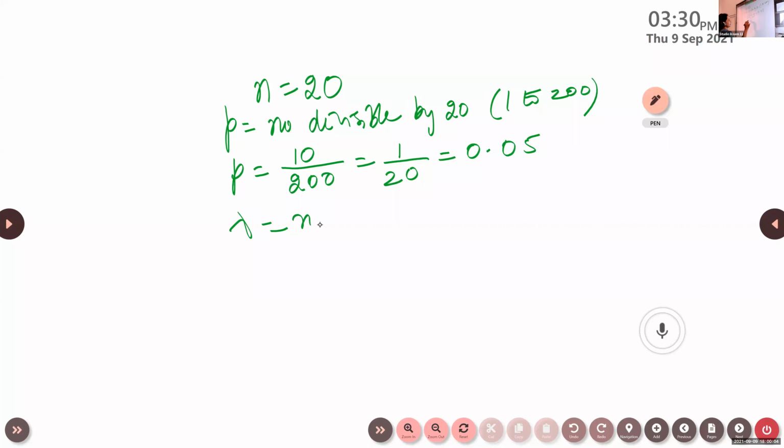Lambda is equal to np, which is 20 into 0.05. Substitute this and find lambda. 20 into 5. Are you getting 1? Is it correct?